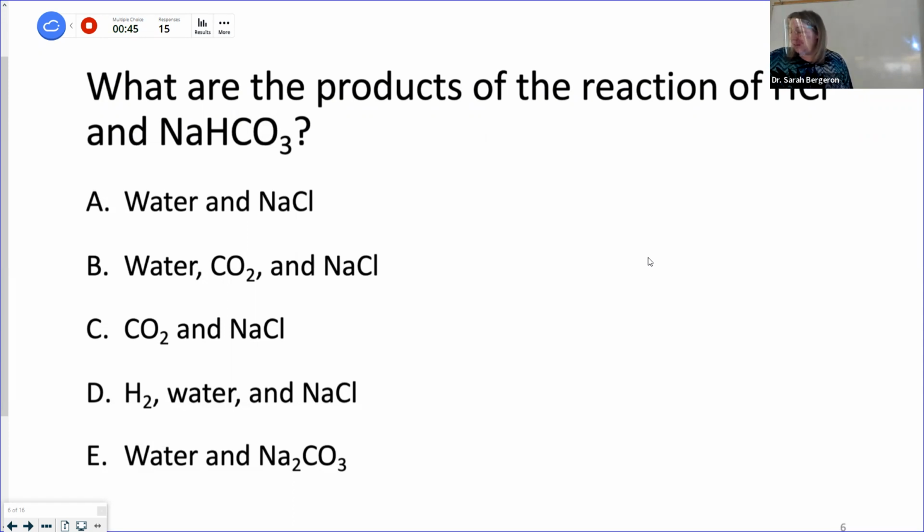You should recognize this type of an equation. 10 seconds.